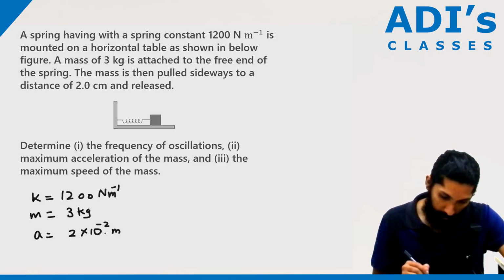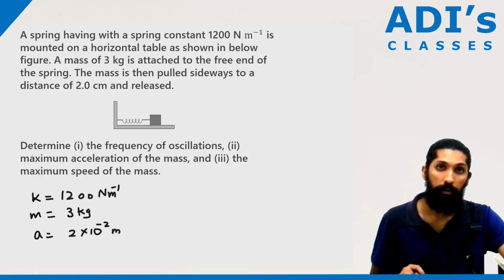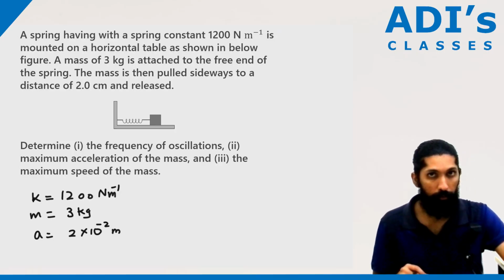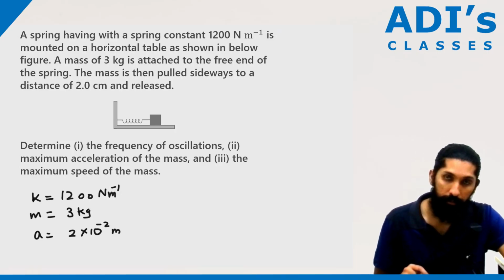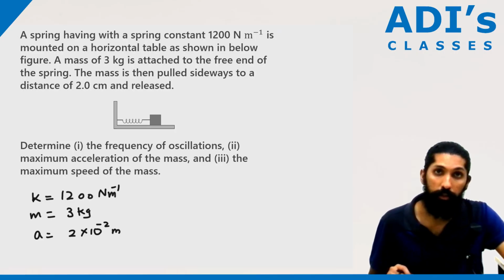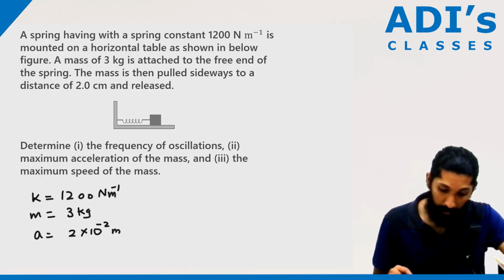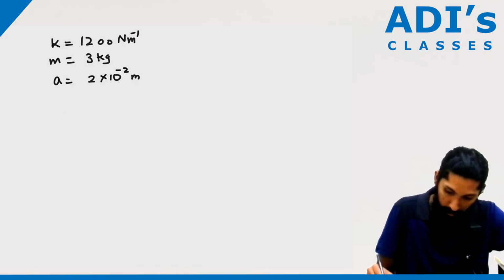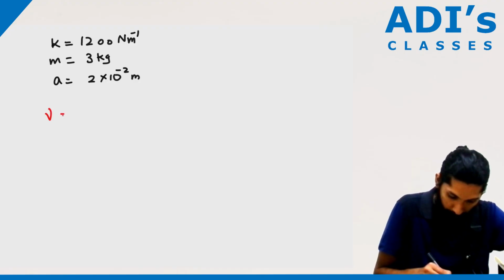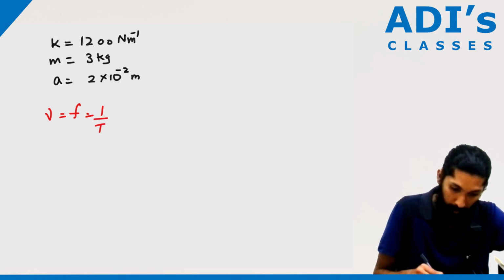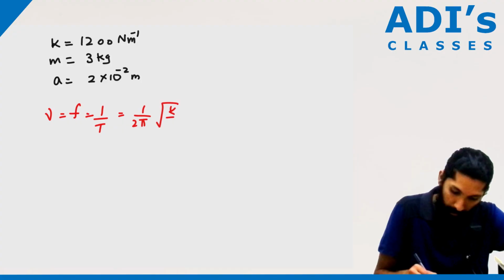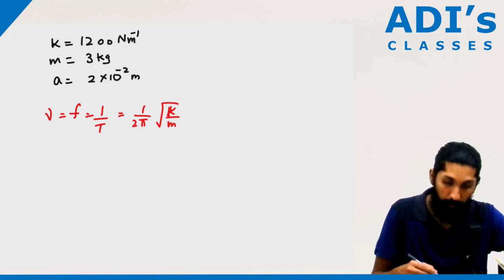Then they're asking you what is the frequency. Now time period, we know the formula. So frequency is 1 by time period. Frequency f is equal to 1 by T, which is equal to 1 by 2 pi root of k divided by m. This is the formula, correct? Now substitute the values.